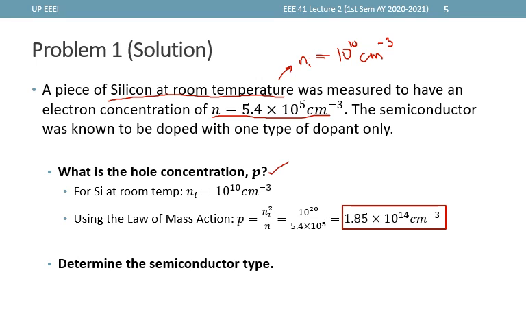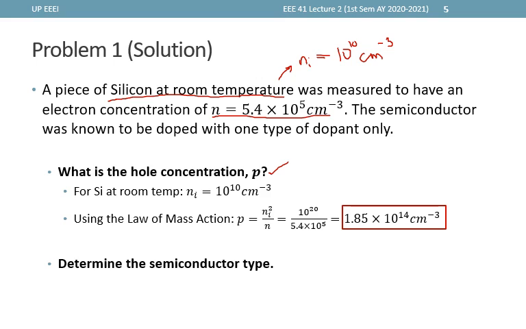Next, we have to determine the semiconductor type. Just a review: an n-type semiconductor is one where there are more electrons than holes. A p-type semiconductor is one where there are more holes than free electrons.